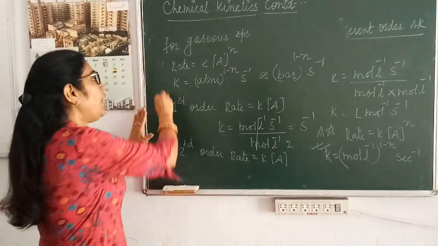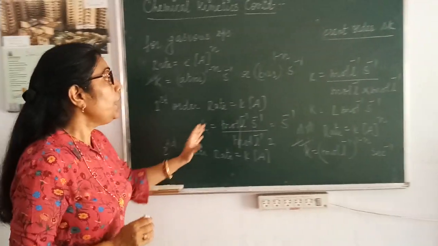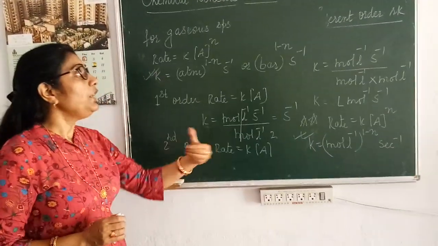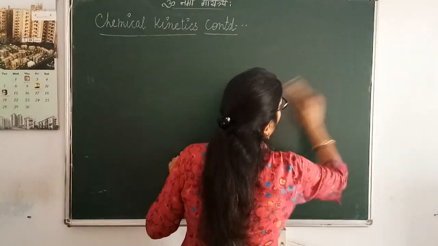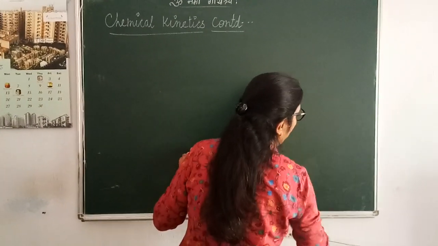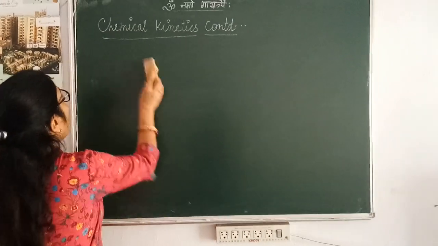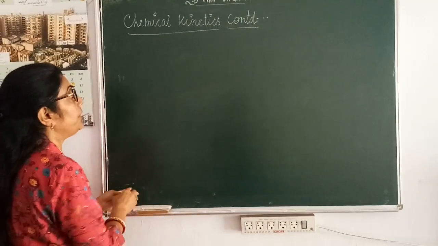If you learn this formula, by substituting the value, you can easily calculate the unit for any order reaction. So we have discussed the unit of rate constant K in different order reactions.